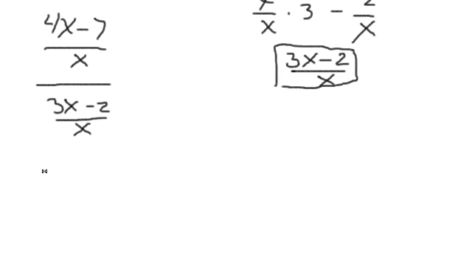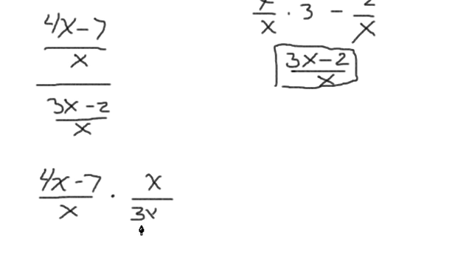Okay, so we rewrite, this is 4x minus 7 over x times, and remember we're going to flip this guy here, so this becomes x over 3x minus 2. So now as you can see, we can cancel out these two x's.